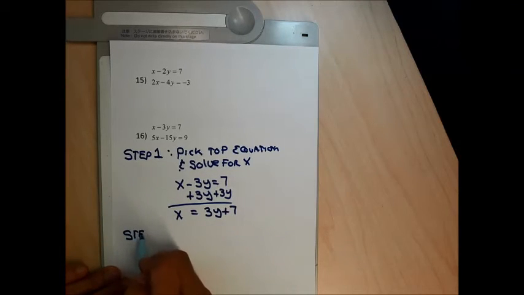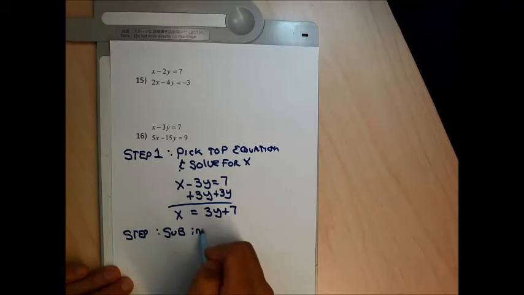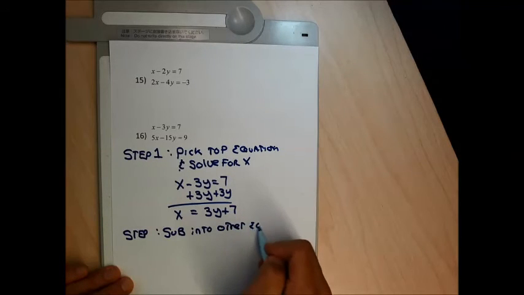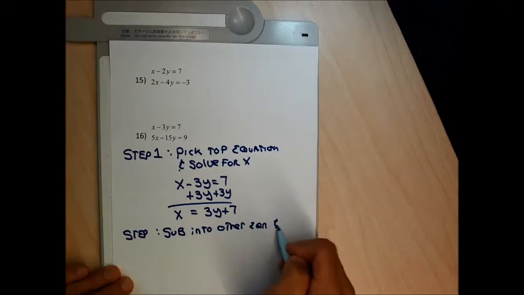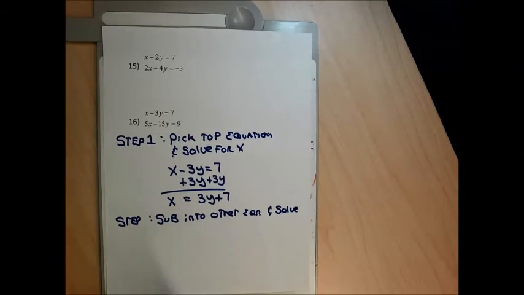Step 2, I'm going to substitute into the other equation and solve. This is where, for the first time, the letters are going to drop out of my algebra.